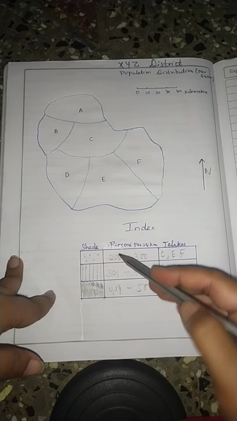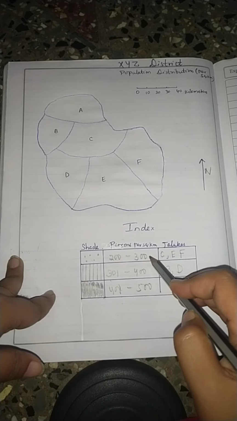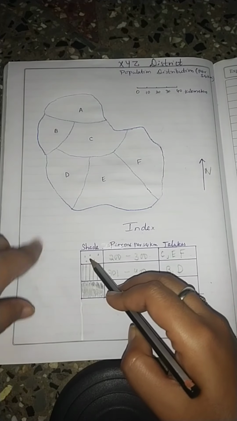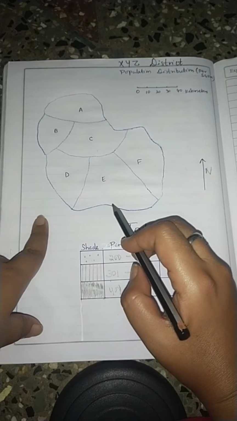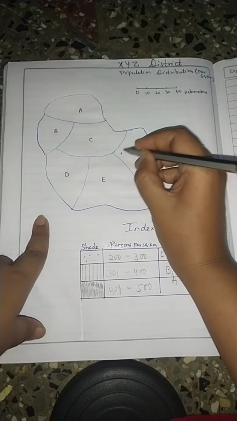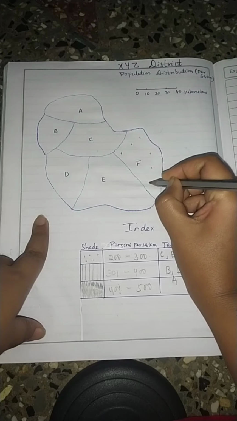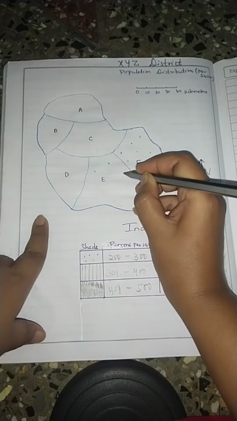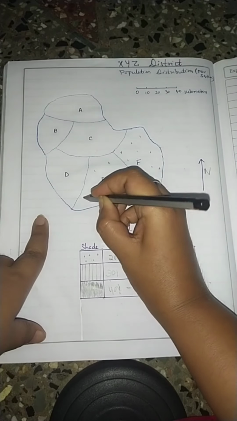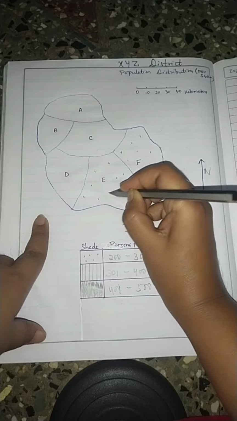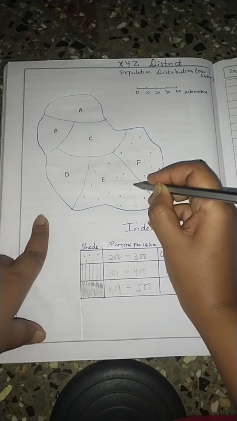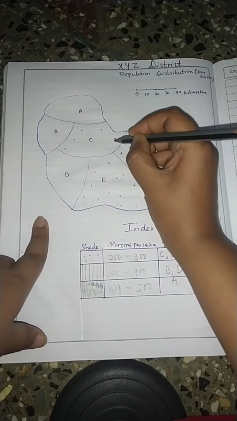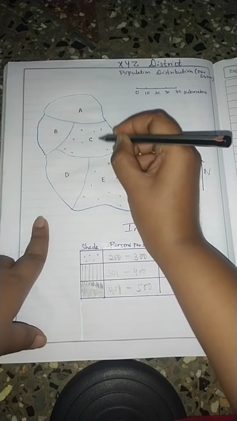Here I have divided the data into 3 categories. First, between 200 to 300, I have talukas C, E and F, and the shading that I will use is dots. So, where are C, E and F? Here I am supposed to use dots. Now, students, as I told you before, while preparing a dot map I need to make sure that I do not put dots on physical divisions, the physiographic features or transportation roads.